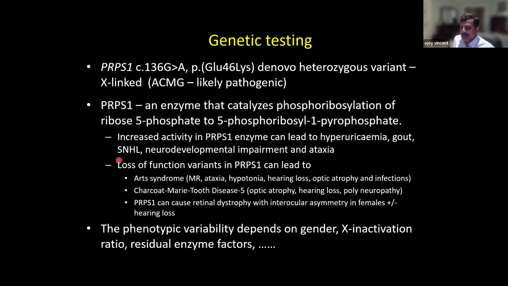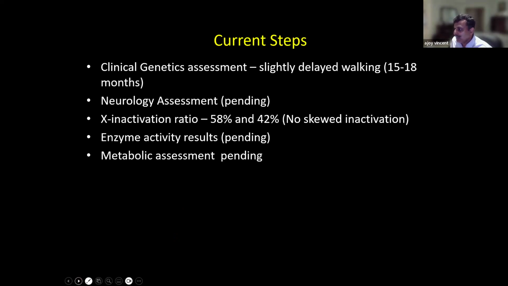If you have loss of function or decreased activity of the enzyme, it can lead to Arts syndrome, Charcot-Marie-Tooth disease. And recently, there are some cases where PRPS1 can cause asymmetric retinopathy along with hearing loss purely in females. So here again, if we didn't do genetic testing, it becomes challenging to ascribe whether this is genetic or acquired.